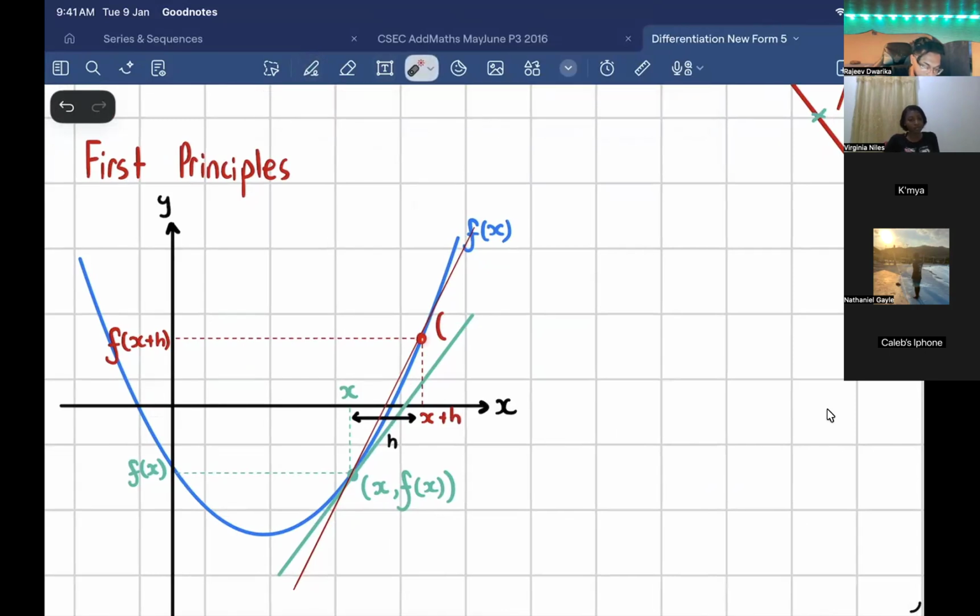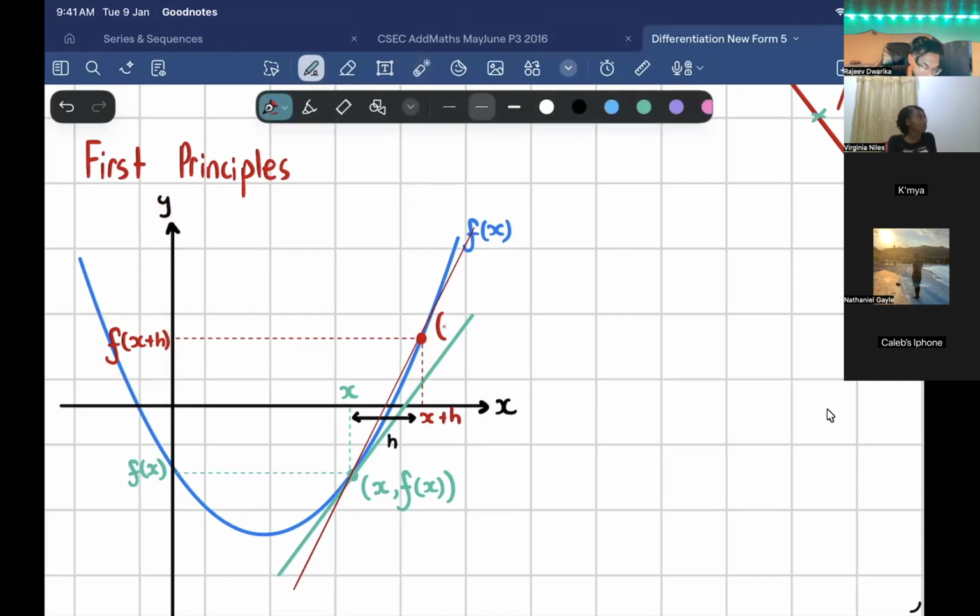What's the x value first? x plus h. And the y value is what? f of x plus h. This is the y value, on the y axis.